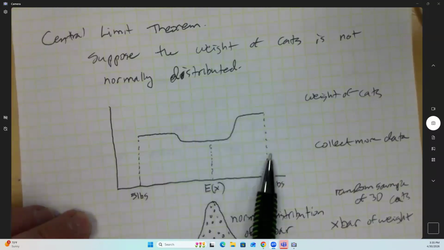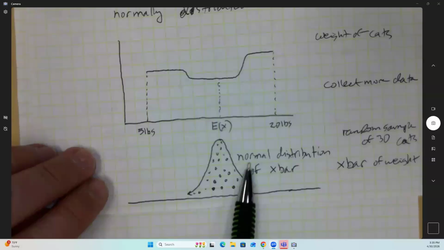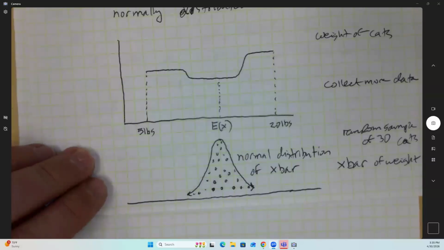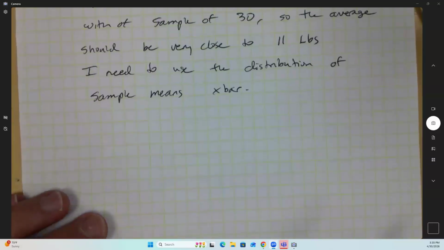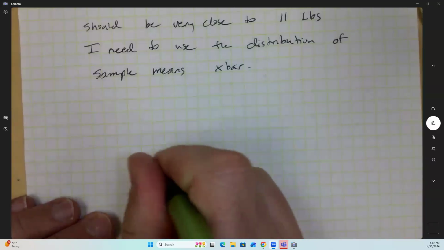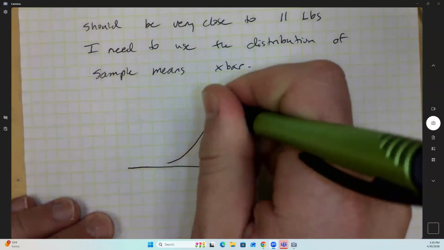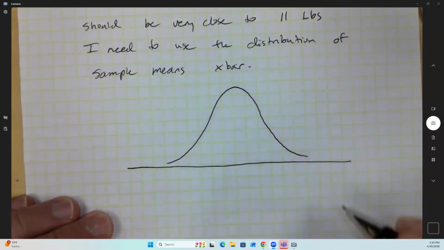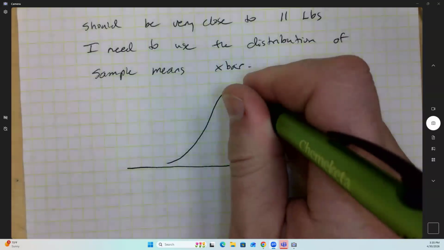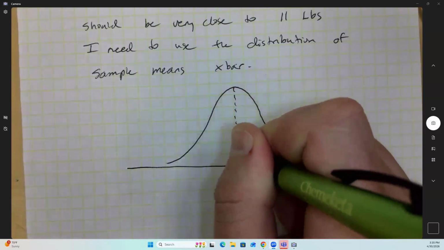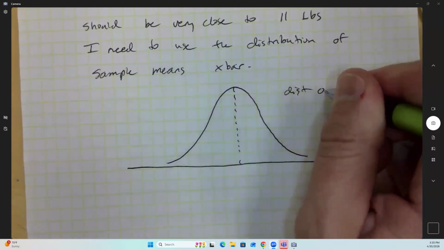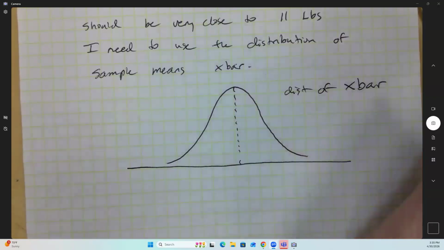That was just for 1 cat. I'm going to use the normal distribution for my sample of size 30. And that normal distribution looks like this. Again, I don't worry so much when I'm drawing it. I just make sure my scale fits. This is the distribution of my sample means, my X bar.